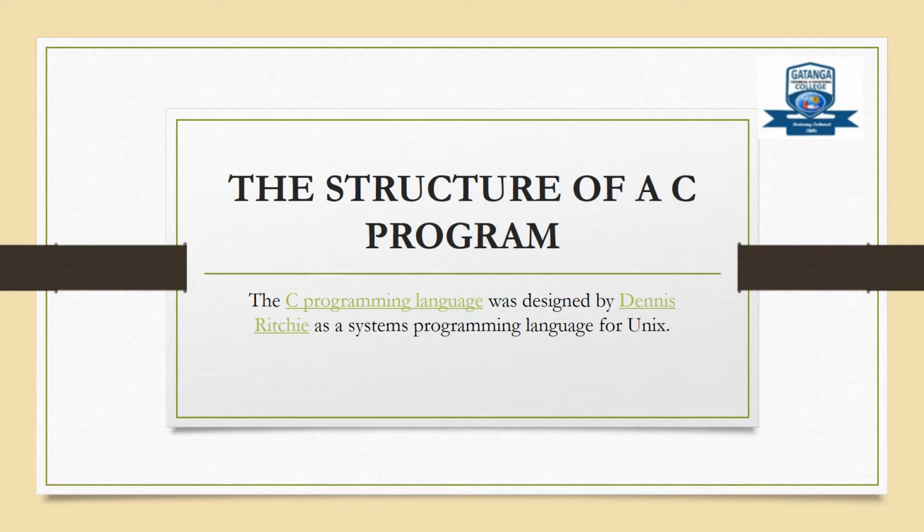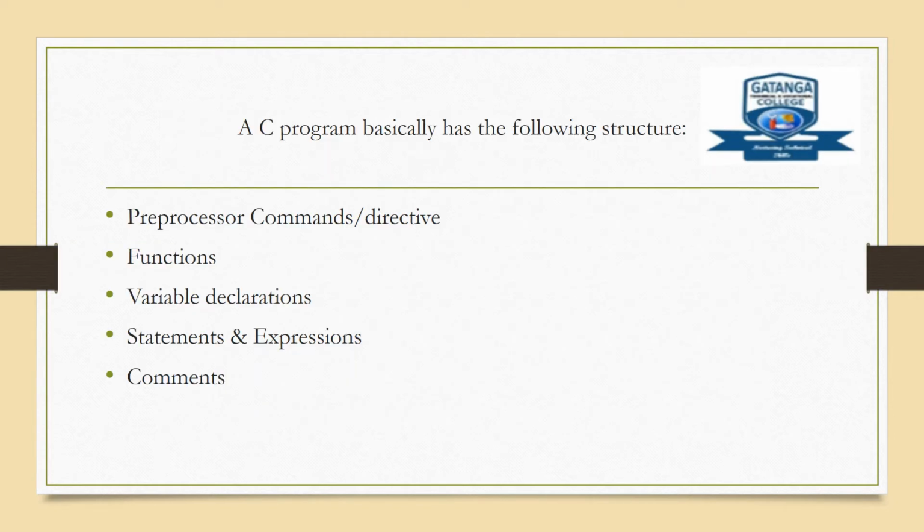Now, a C program should have the following elements. Number one, we have the preprocessor commands, also known as directives. We also have what we call functions. We have variable declarations.